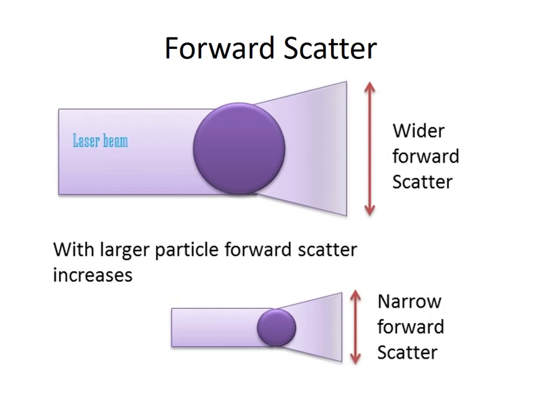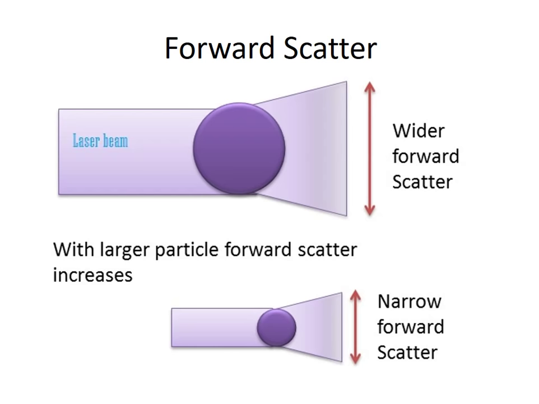Okay? So here you go, you shine a light on the cell, and the light that manages to go above and below the cell will give you an indication of the cell size. And the sensor that detects it is the forward scatter sensor. Okay?